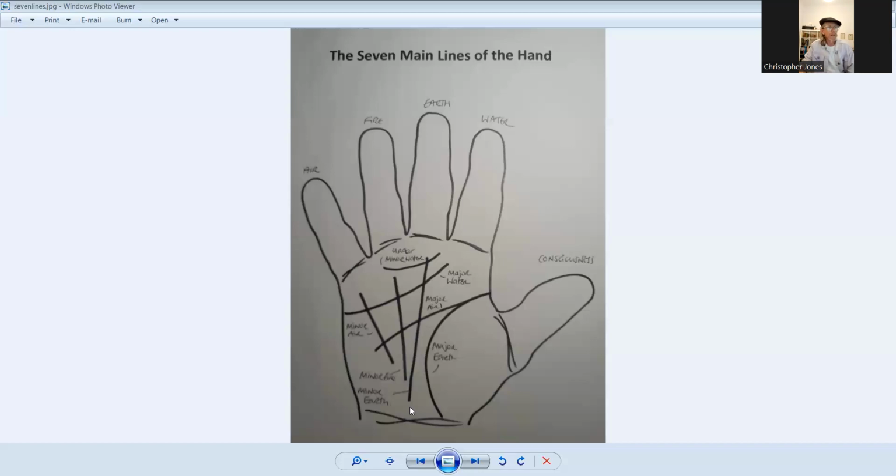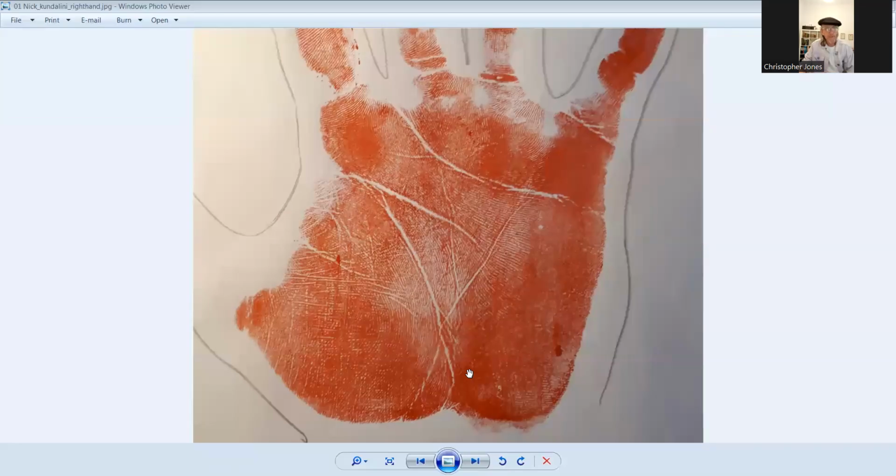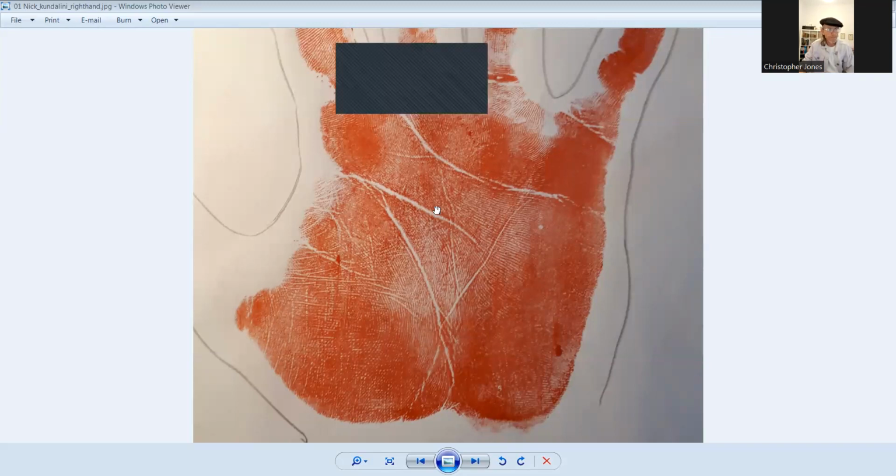To start with the minor earth line, it basically reflects something that provides a stabilizing influence, because we know that the earth element is to do with stability.